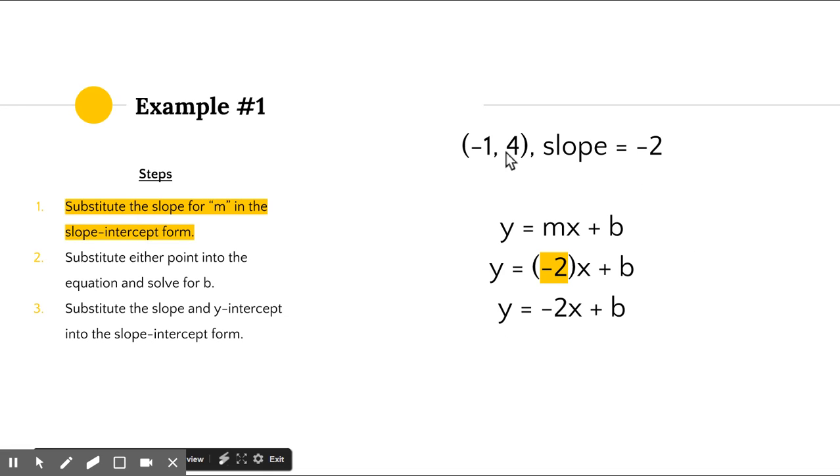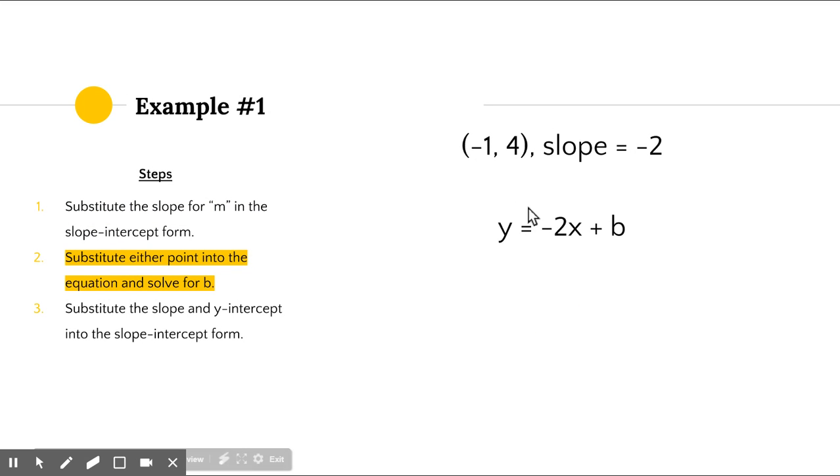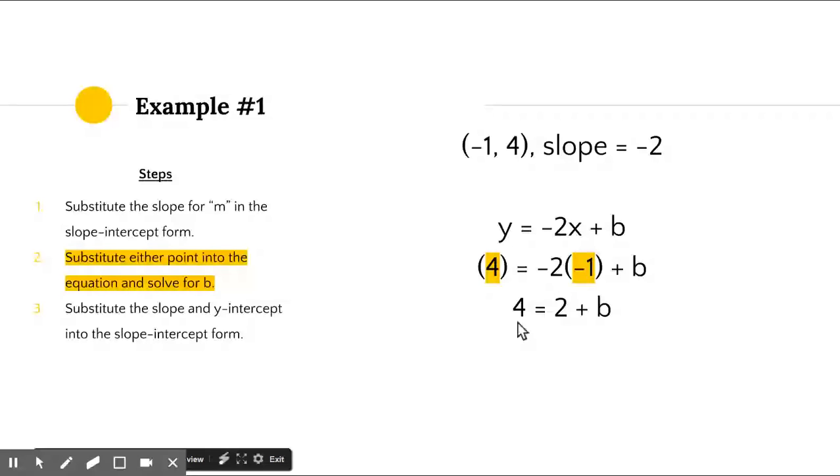The best way to do this is by substituting this point into our equation. We take -1 and replace the x, and 4 and replace the y, and then we just do some basic math. -2 times -1 is 2. We know that 2 plus 2 gives us 4, so b is 2, which is our y-intercept.